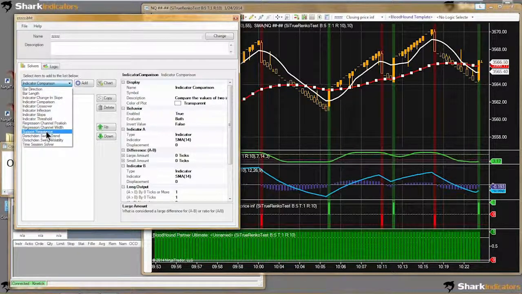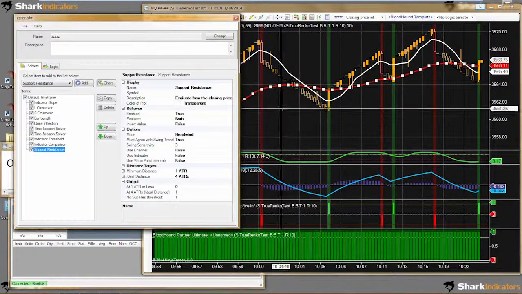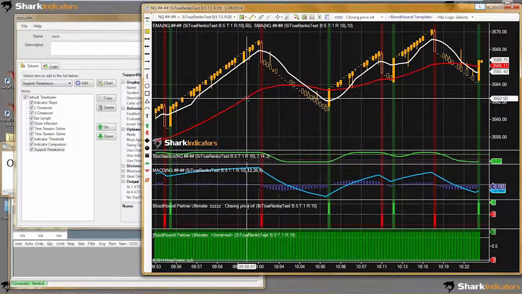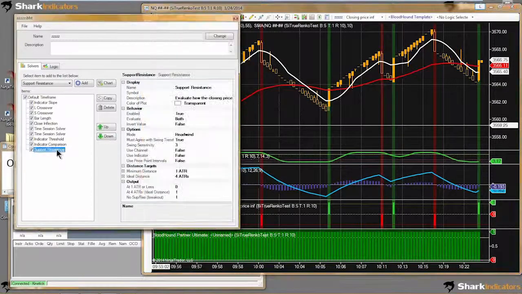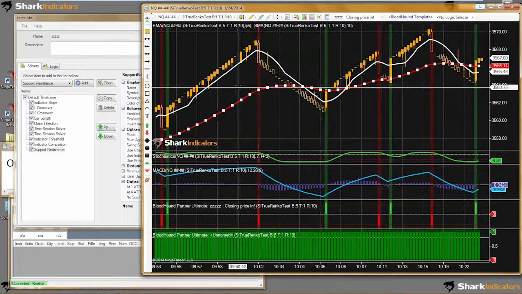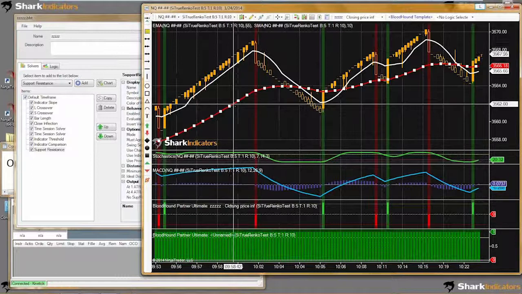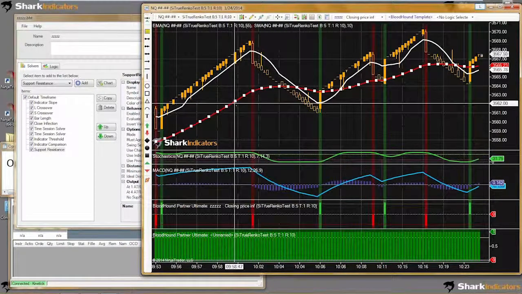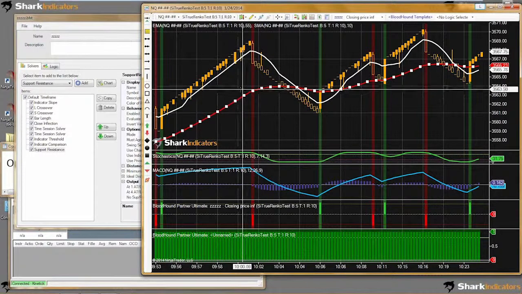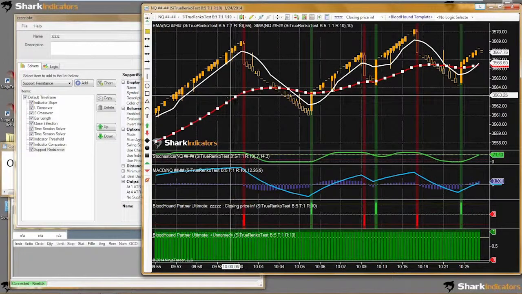Even when you get into the support resistance solver, it's also doing some simple comparisons. Typically with the support resistance solver, you're taking something like a moving average and comparing it to a pivot line, a fixed value. In very basic terms, you're checking to see if your moving average is above or below a support resistance line.